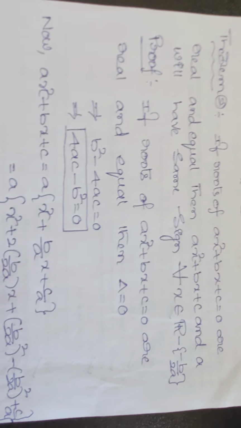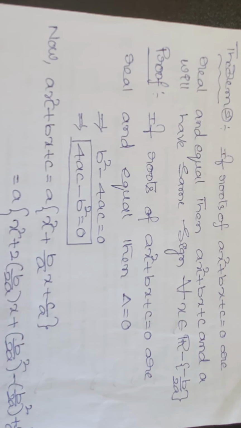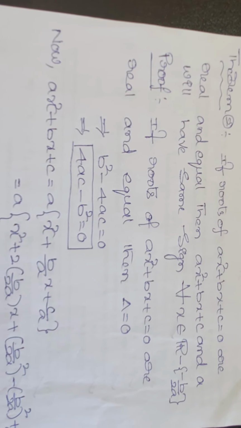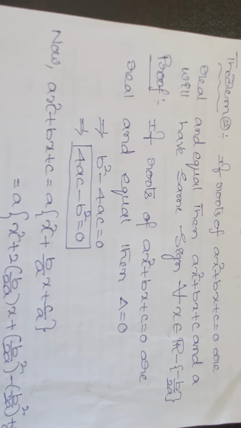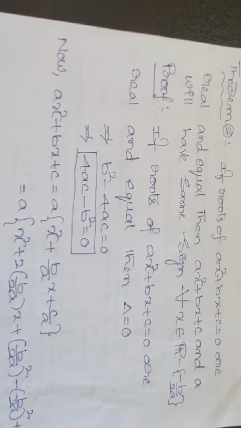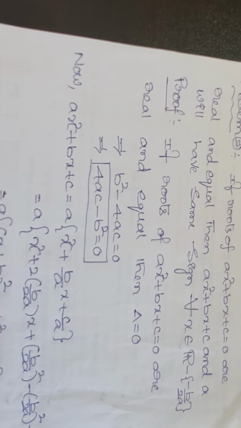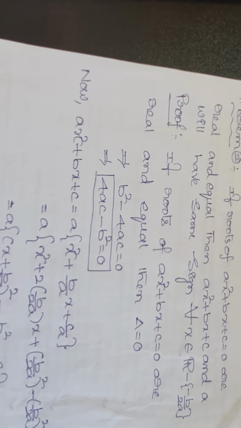Roots of ax square plus bx plus c equal to 0 are real and equal. According to the condition, it is possible when delta equals 0. What is delta? B square minus 4ac. If we multiply on both sides with minus, then it becomes 4ac minus b square equal to 0.